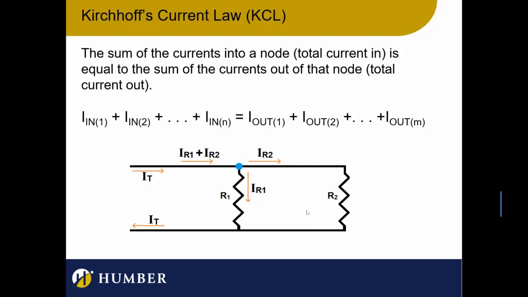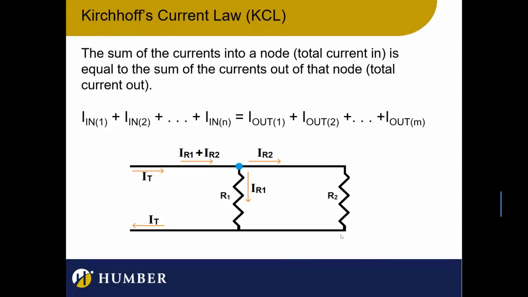So what's happening here is that the current going through R1 plus the current going through R2 equals the total current coming out of the source. The total current coming through here hits this node, I'm going to call this a node, and the current itself splits up.